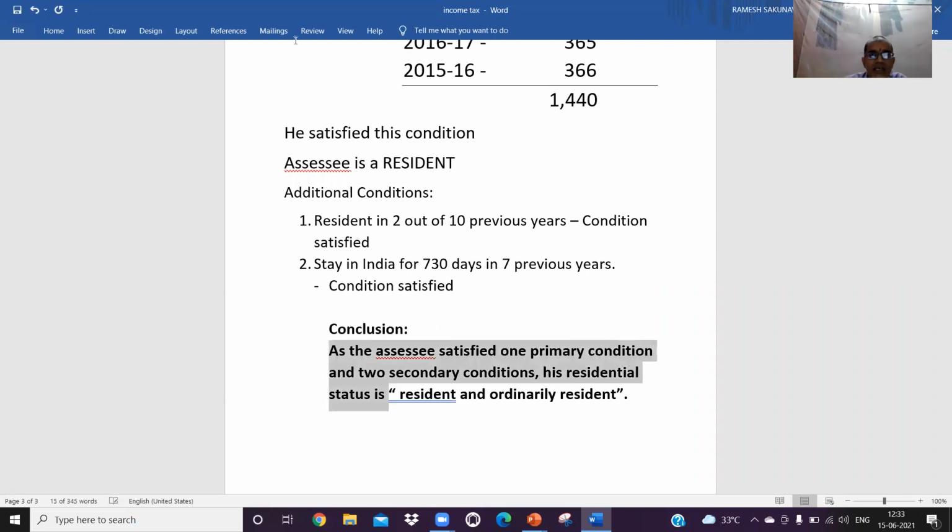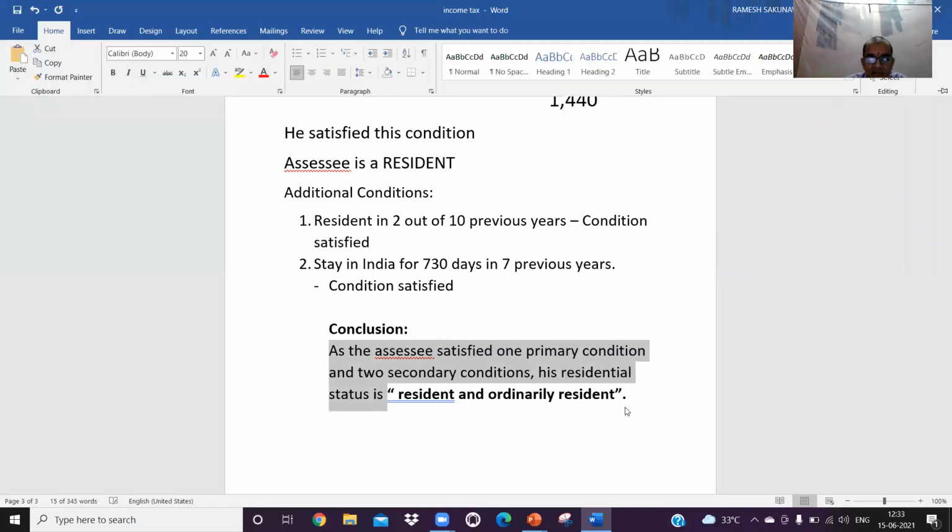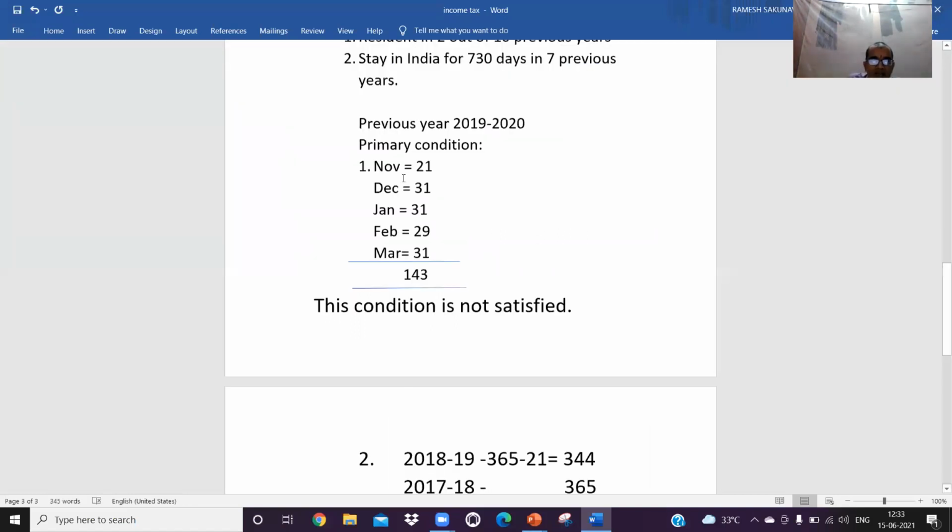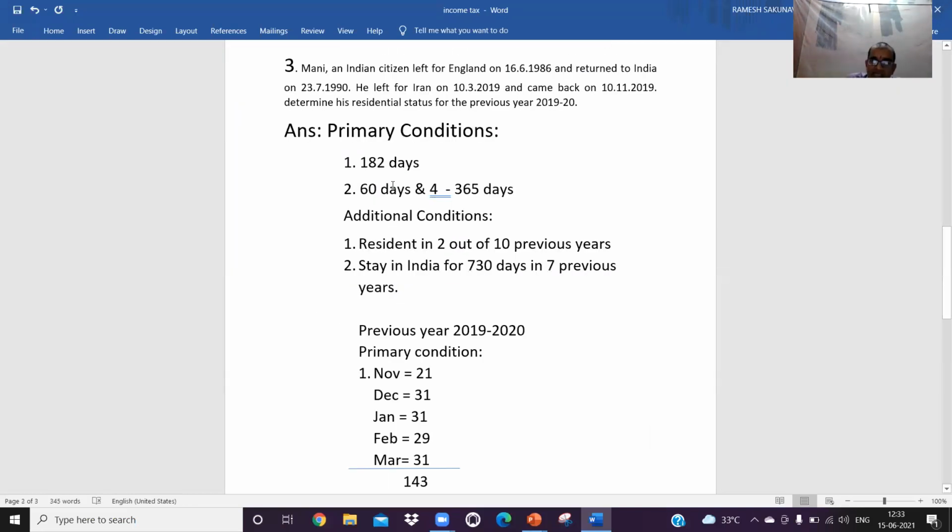See, I am mentioning again for your understanding. If an assessee satisfies any one of the two primary conditions, and these two primary conditions, if an assessee satisfies, he will be treated as resident and ordinarily resident in our country.